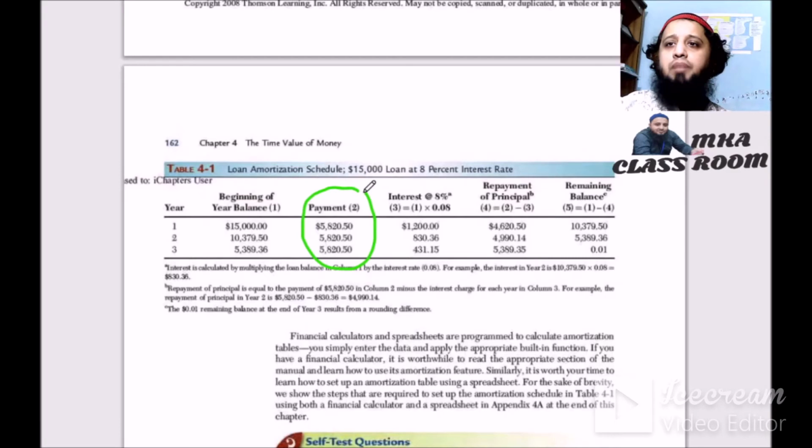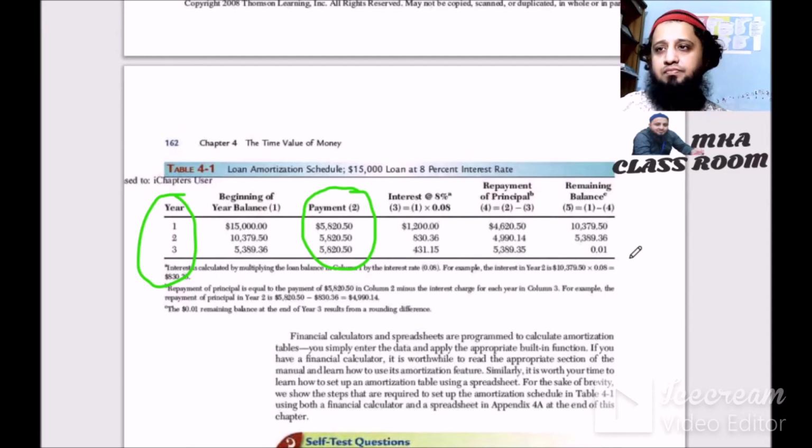That is our year, and this is the beginning of year balance, payment, interest, repayment of principal, and remaining balance.